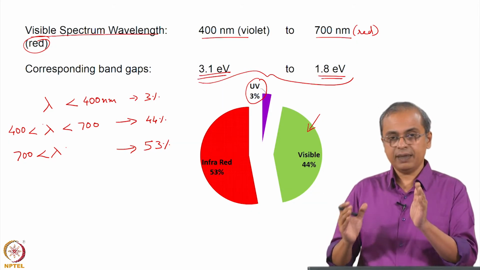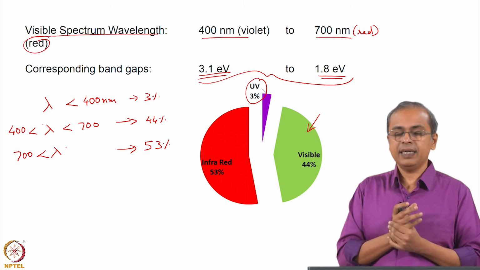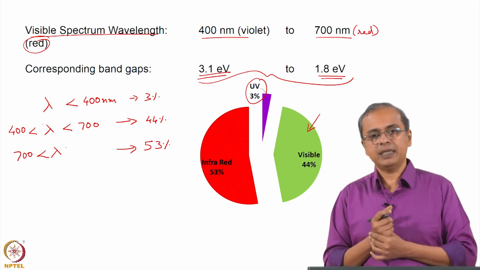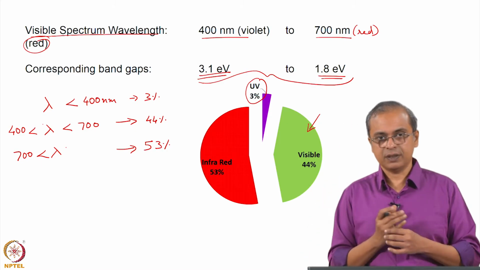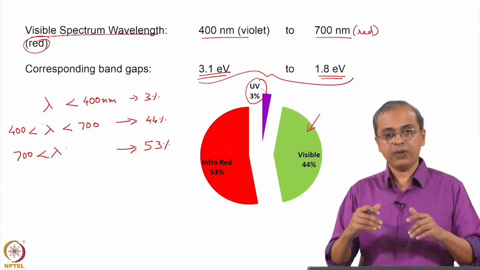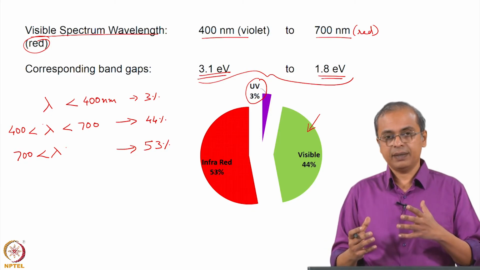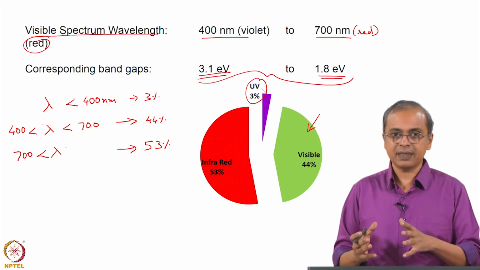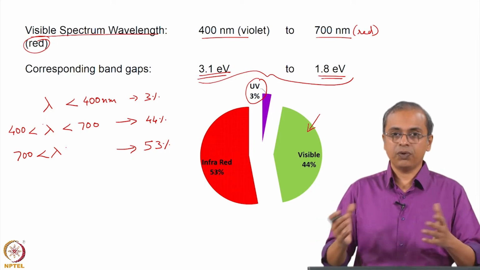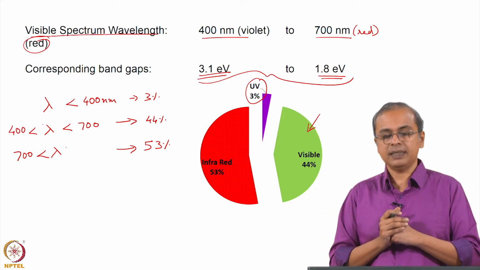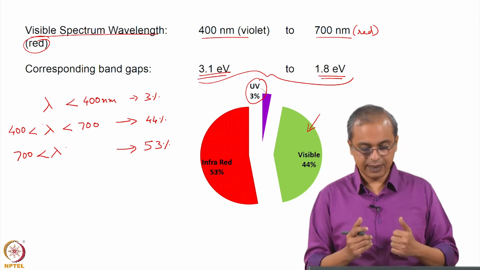More than that is coming in the infrared, and there is a tiny amount sitting in the ultraviolet range. Therefore, it is interesting to see if you can take a material and change its band structure so that it absorbs more and more of this complete spectrum, and therefore you can get more and more energy absorbed from the incoming radiation.